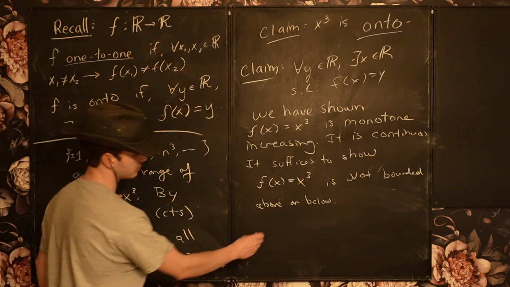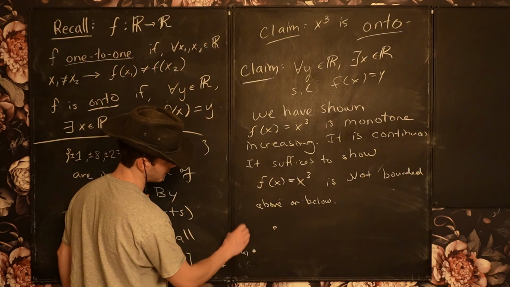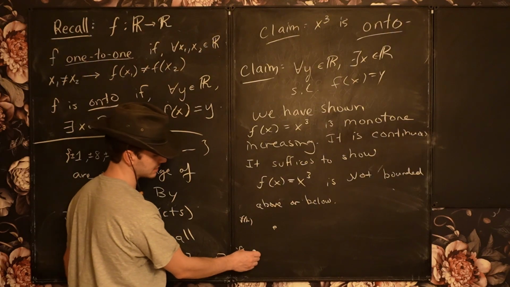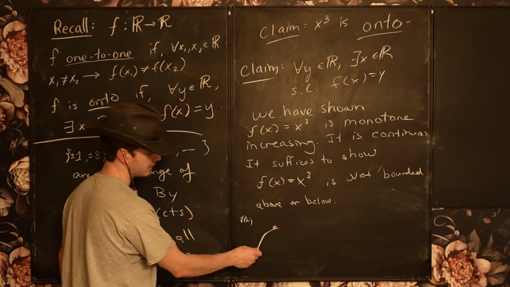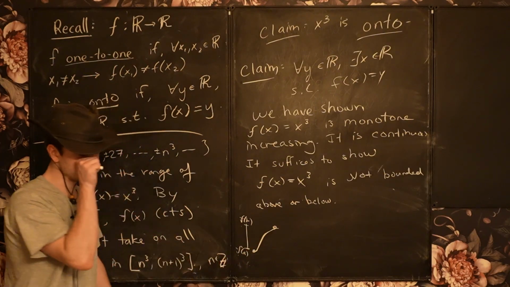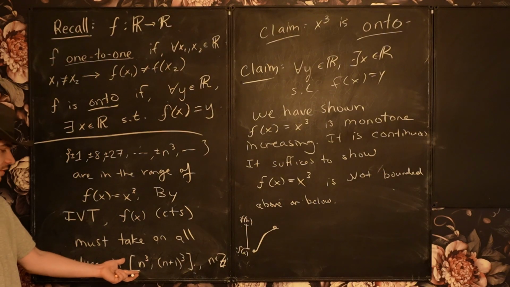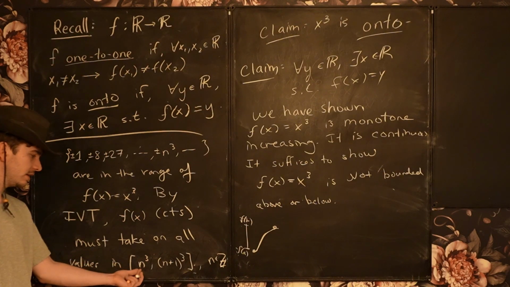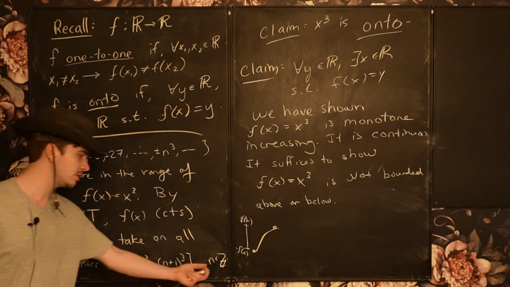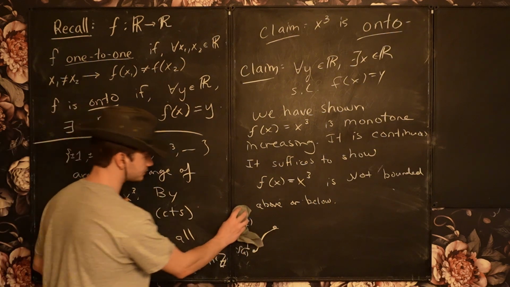Remember, the intermediate value theorem says that if we know f of a and f of b, and f is continuous on the interval a to b, then it has to achieve the continuous spectrum of values between f of a and f of b. So we know that x cubed will attain all values from n cubed to n plus 1 cubed for an arbitrary integer n.